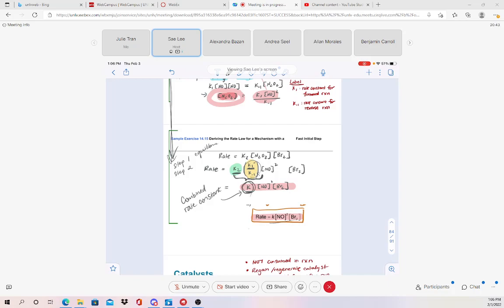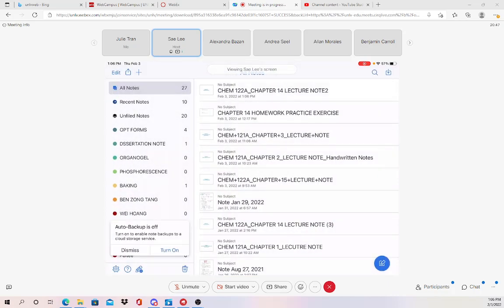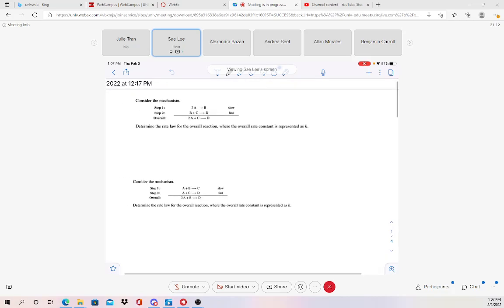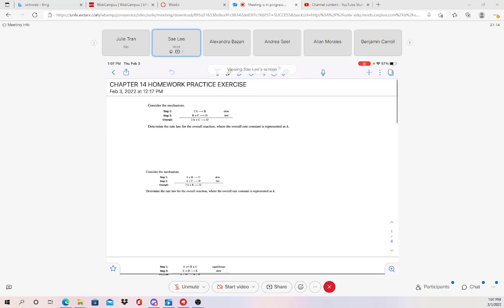Okay, so I know that you guys were having a lot of trouble with this type of exercise, so I'm going to go over some of the homework problems. I'm pretty sure a lot of you have finished the homework already, but if you haven't finished this portion, I will go over the detail, and it will help you complete the homework faster with better understanding.